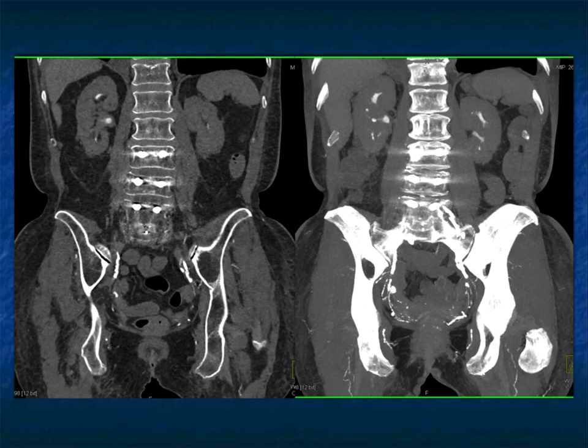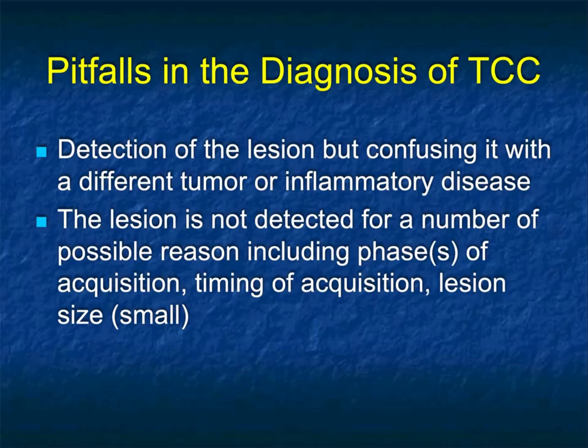We all were worried about tumor, and the patient had some cytology that was concerning. At the very end, it ended up being inflammatory and the very usual infection, candidiasis. So pitfalls, detecting the lesion but confusing it with a different type of tumor or inflammatory disease that happens. But most importantly, at least then you're working the tumor up, you'll hopefully get the right answer.